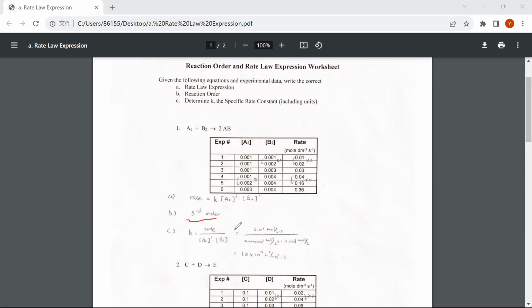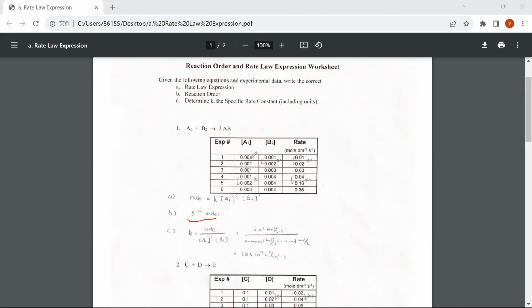And to find the K, we plug the value of our first experiment into the equation. So we use our rate divided by the concentration of our A2 with the exponent 2 times concentration of B2 with the exponent 1.